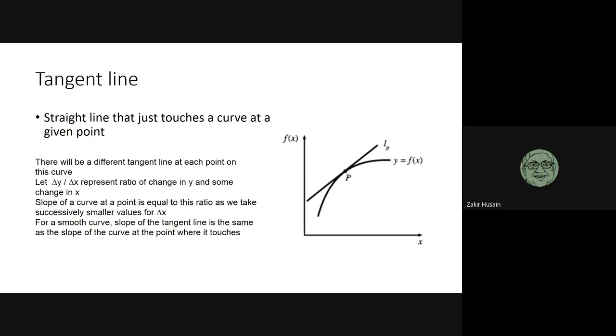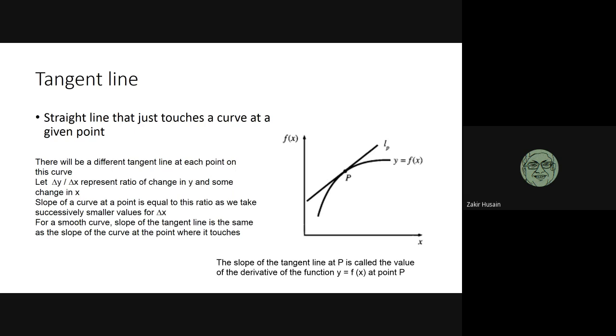So for a smooth curve, the slope of the tangent is the same as the slope of the curve at point P. I think you know this from your calculus classes at HS level.